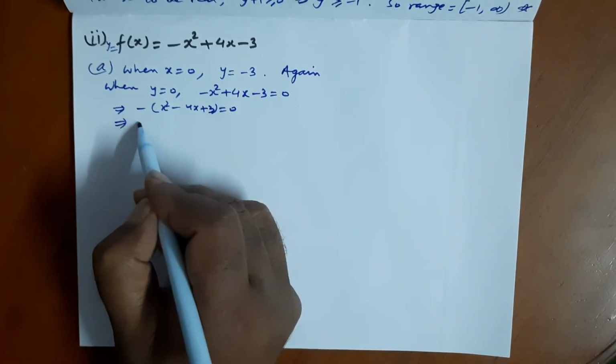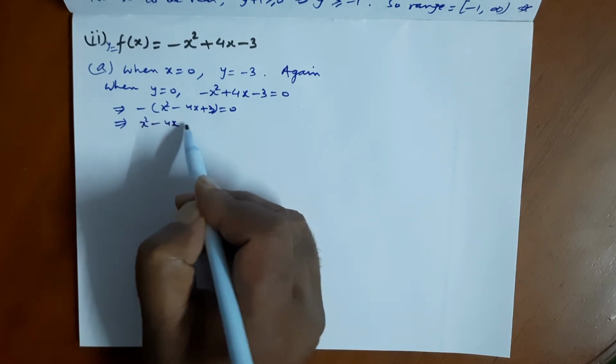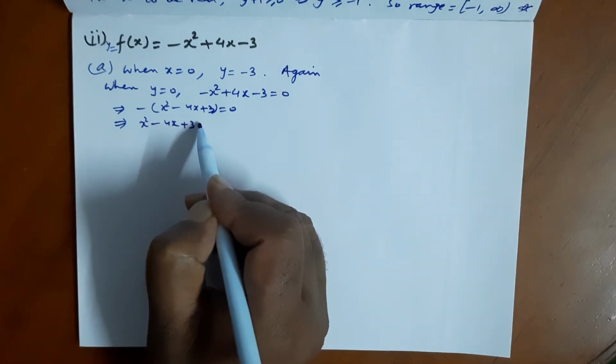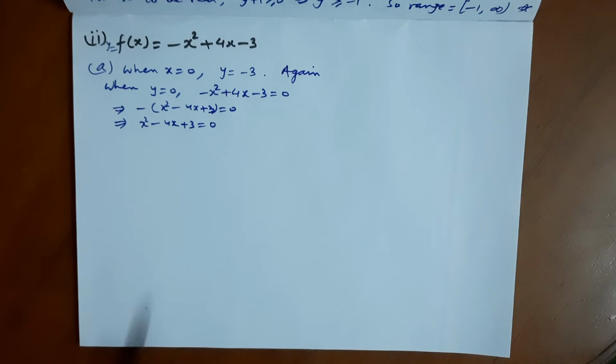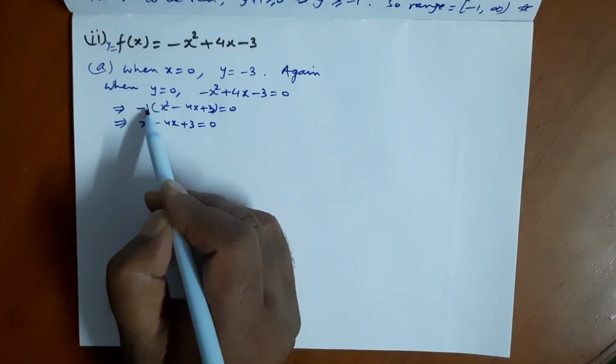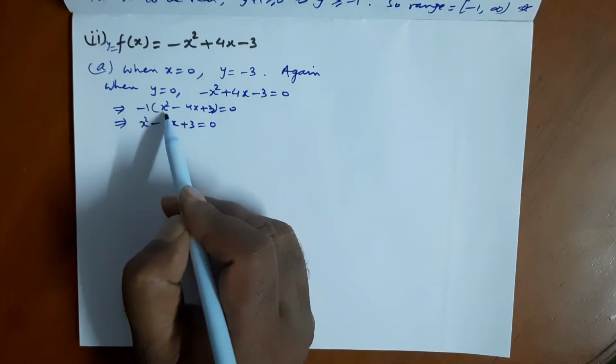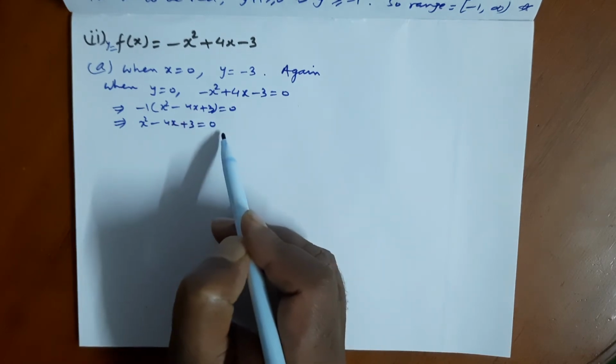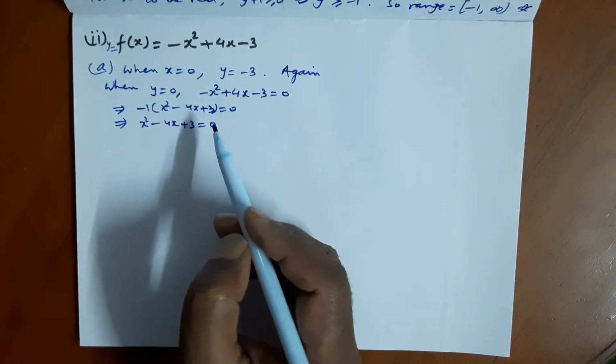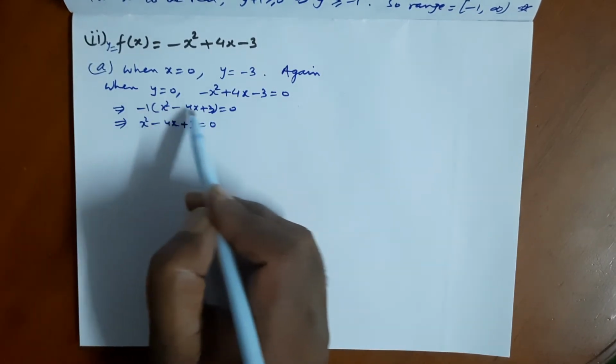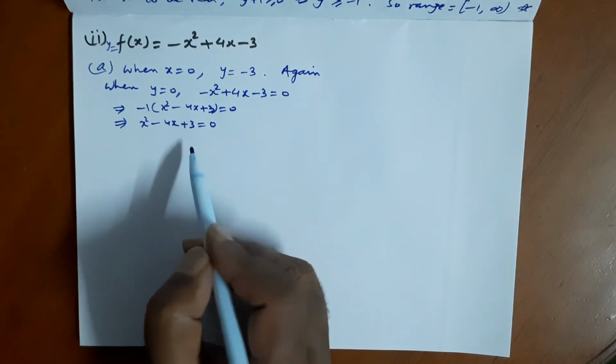Okay, so here the outside coefficient is minus 1. This minus 1 is not equal to 0, so x square minus 4x plus 3 must be equal to 0 for the product of these two terms to be equal to 0.